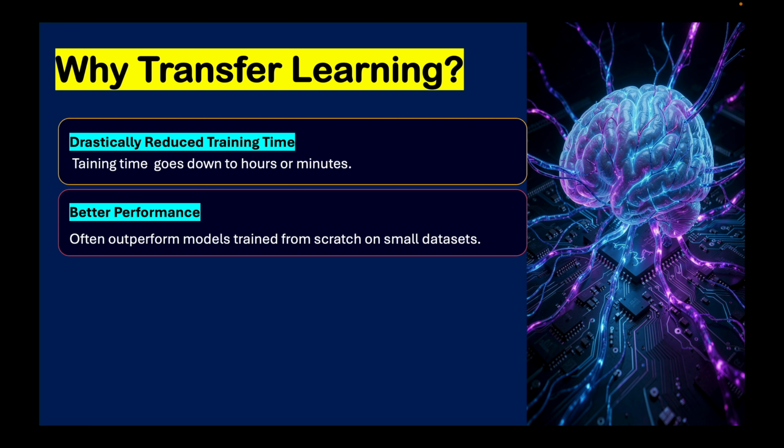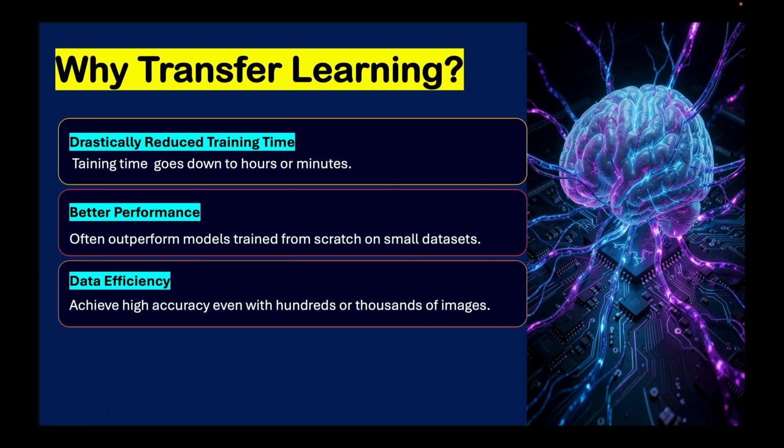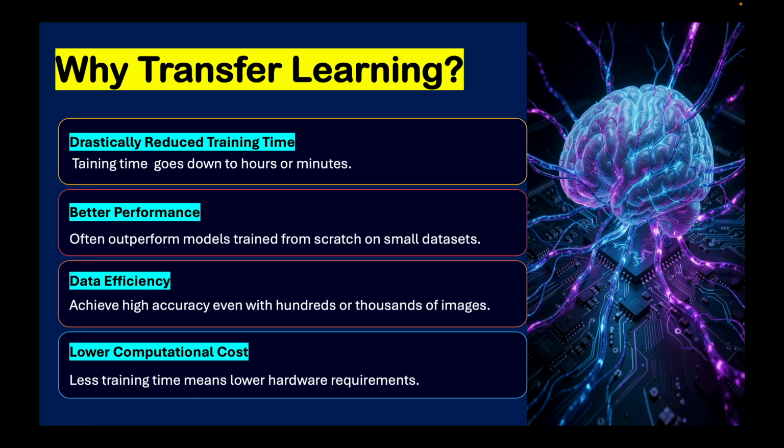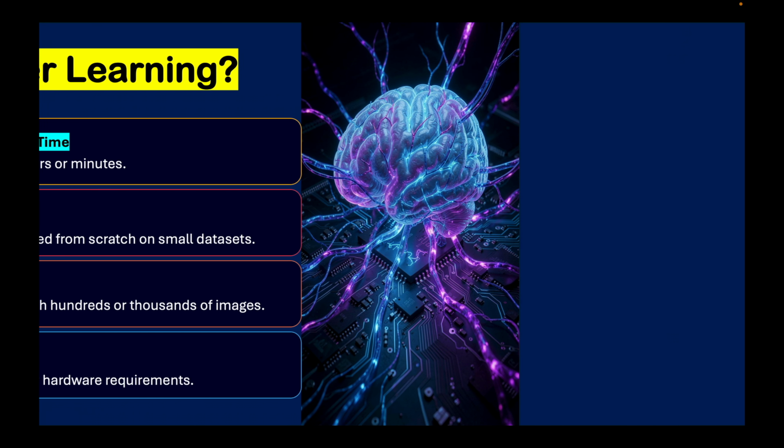Pre-trained models often outperform models trained from scratch on small datasets. Data efficiency. We can achieve high accuracy with hundreds or thousands of images instead of millions of images. Lower computational cost. Less training time means lower hardware requirements. That's why, due to these benefits, we use transfer learning.